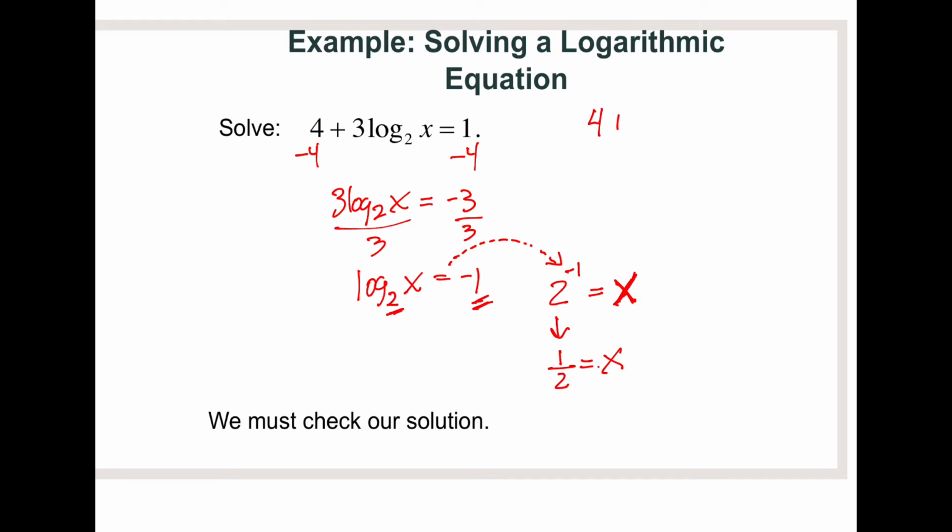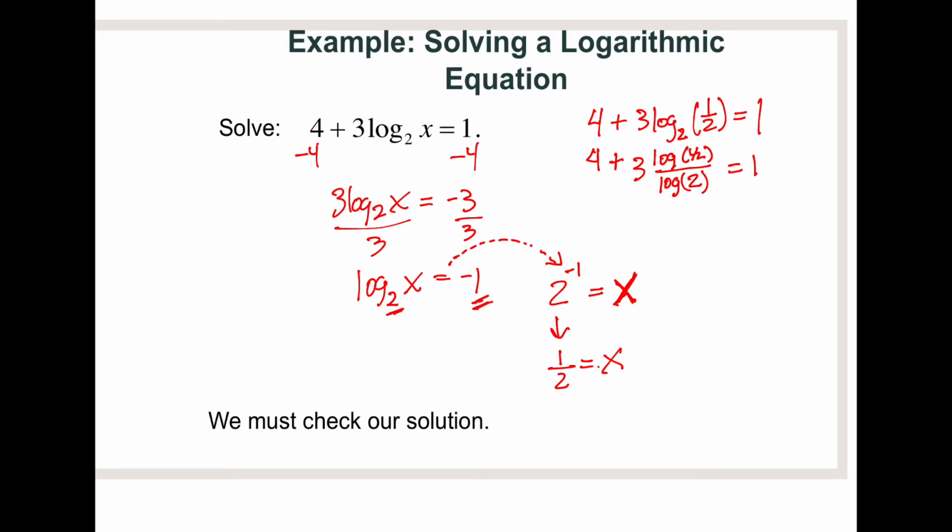So if I have 4 plus 3 times the log base 2 of 1/2, do I get 1? If I'm going to plug this in as it is, using the change of base, this would be 4 plus 3 times the log of 1/2 divided by the log base 10 of 2, equaling 1. So let's see if we can do that.